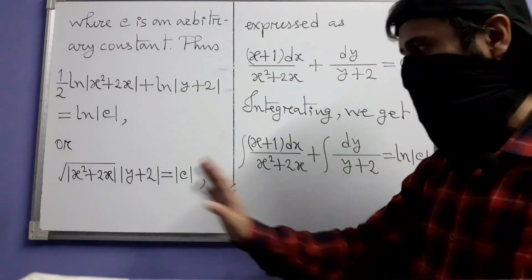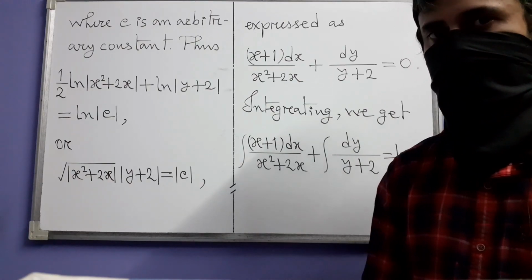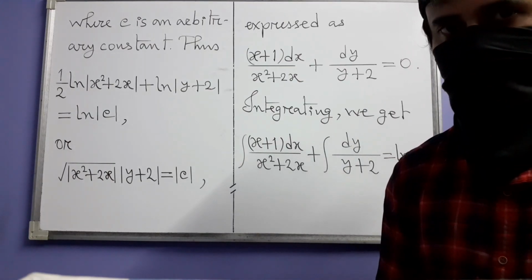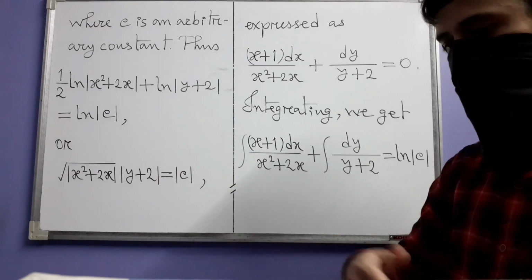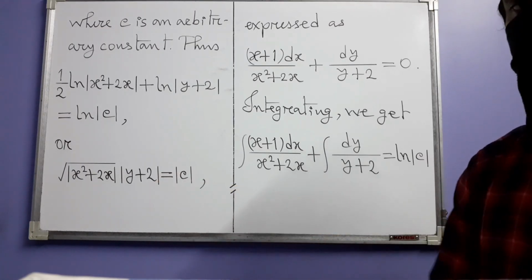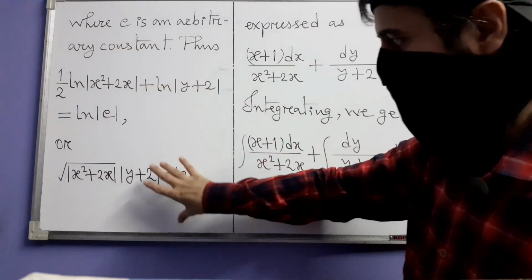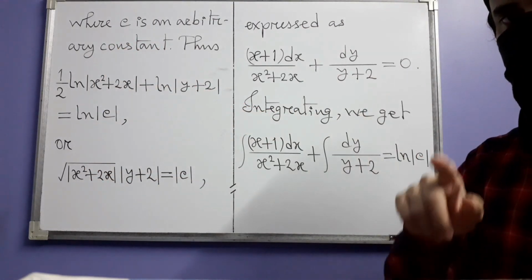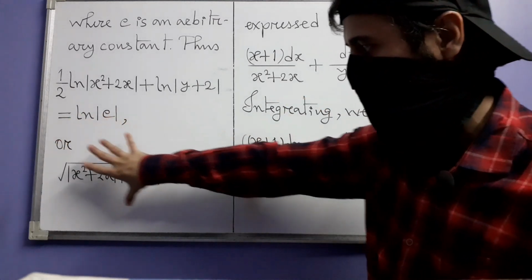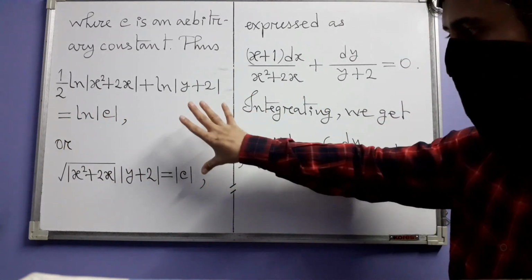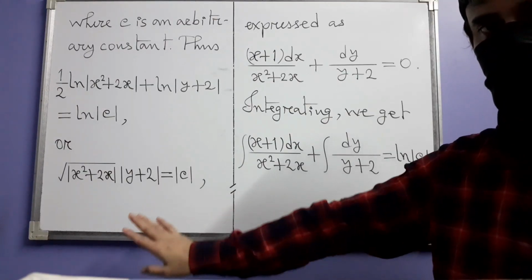And then you cancel ln from both sides, which you can because ln is an injective function. It's a one-to-one function. Or you can just take exponent on both sides. That is, ln of this equals ln of this, then you take the exponential function on both sides. E to the power ln of this equals e to the power ln of this. So that way this is what you get.